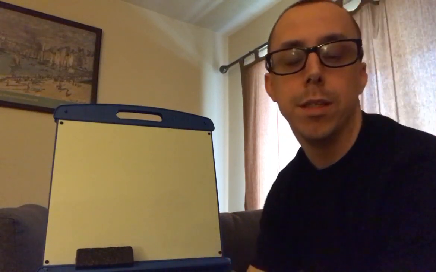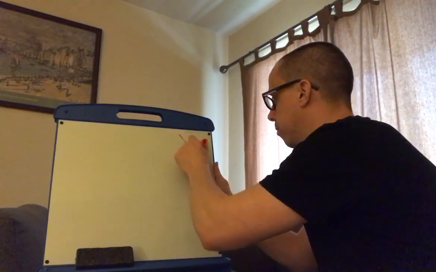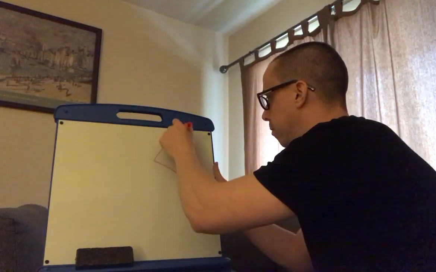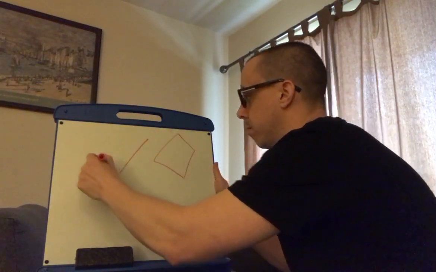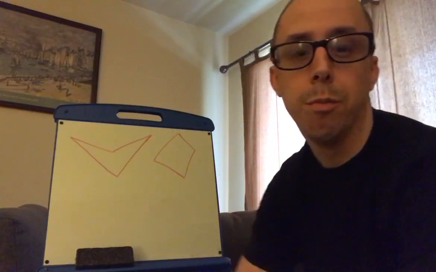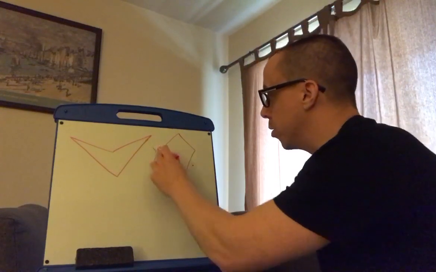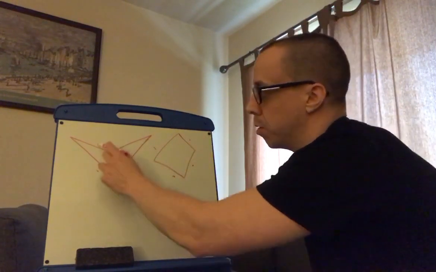I want to show you the difference between convex and concave shapes. Okay, so these are both quadrilaterals. There are 4 sides. 1, 2, 3, 4. 1, 2, 3, 4.